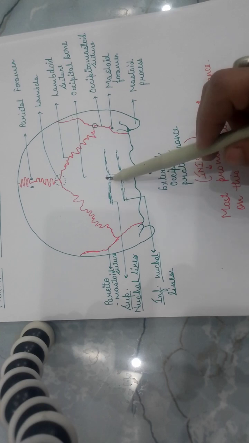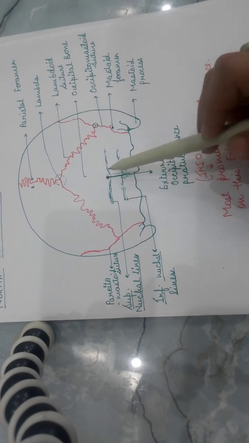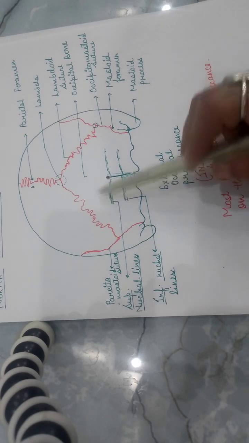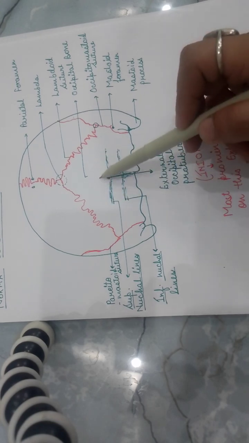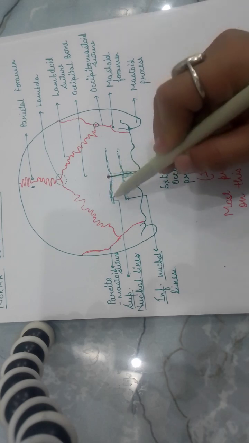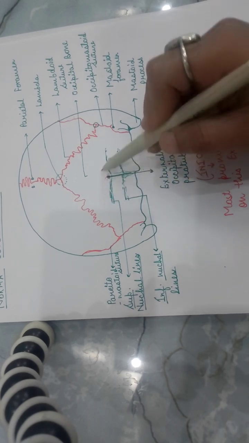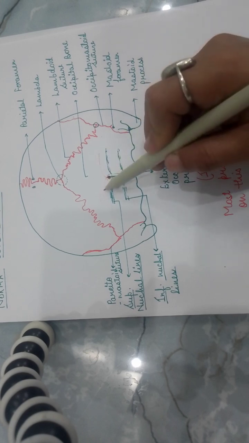Now there are superior nuchal lines and inferior nuchal lines. We can also see highest nuchal lines sometimes, which is situated above the superior nuchal lines. These highest nuchal lines are not always present.